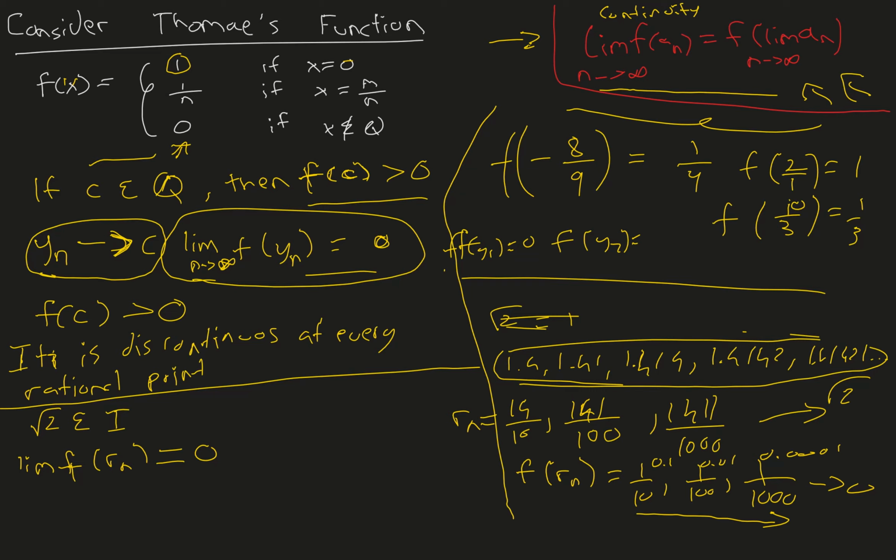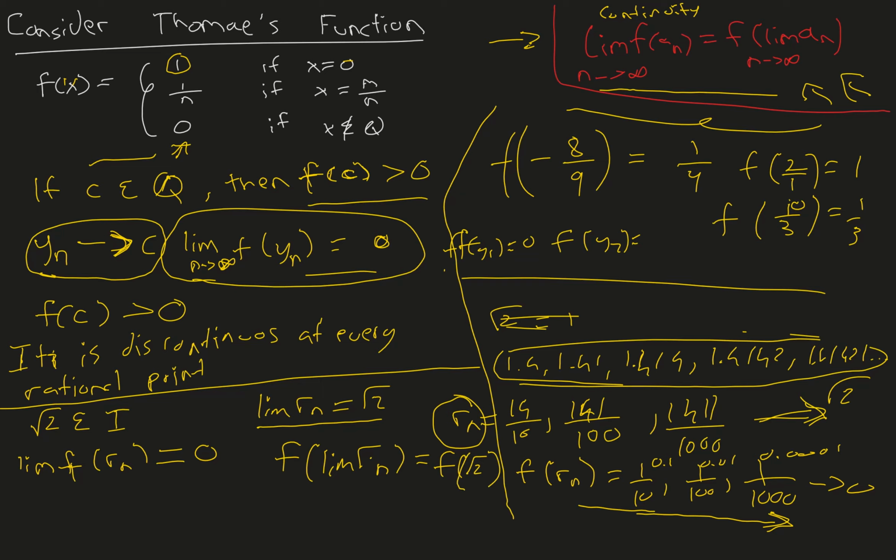Now we have to show the right hand side, f of the limit of Rn. Rn tends to root 2, so the limit of Rn is root 2, and f of the limit of Rn is equal to f of root 2.